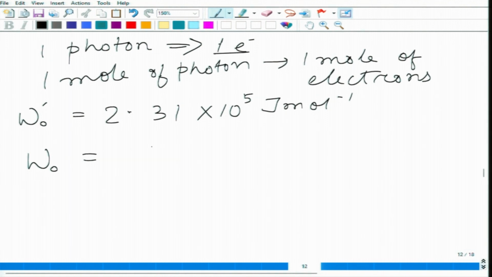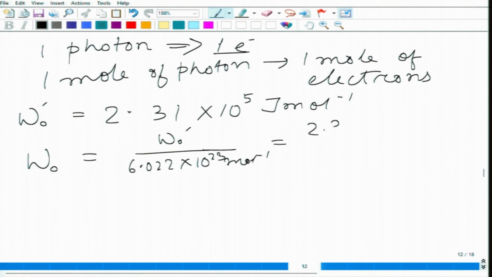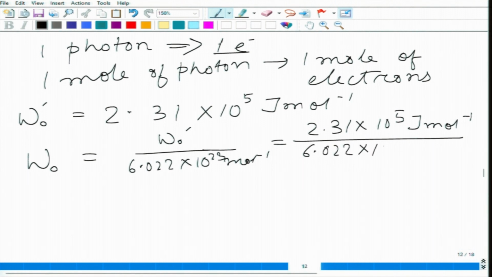This will be 2.31 into 10 to the power 5 joule per mole by 6.022 into 10 to the power 23 mole inverse.